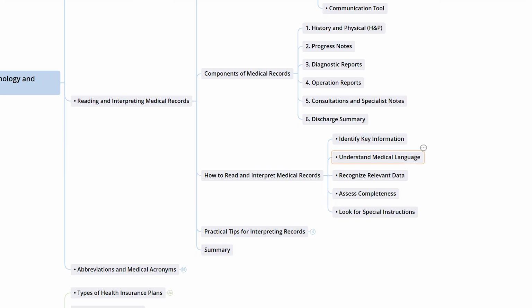Understand medical language: use medical terminology knowledge to decipher complex descriptions. Recognize relevant data: focus on the identification of services, specific procedures performed, and the clinical rationale.